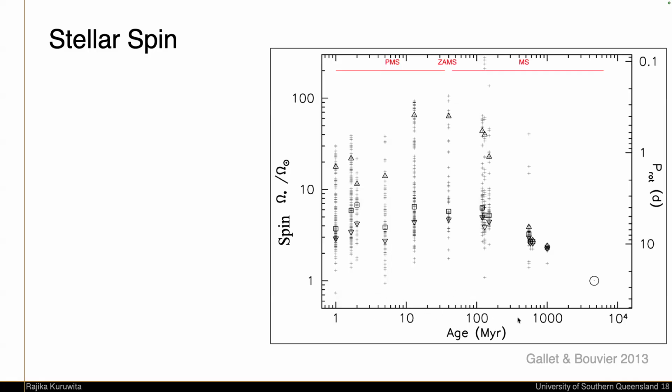And then over the next few hundred million years is the main sequence phase. These are data points, and the sun is over here. This is the age of the sun, 5 billion years, and its spin period is about 5... no, sorry, 25 days. Yes, it's a bit of a slower rotator.